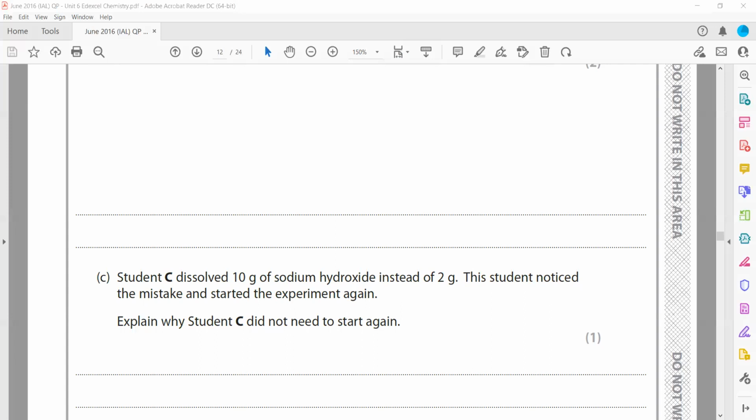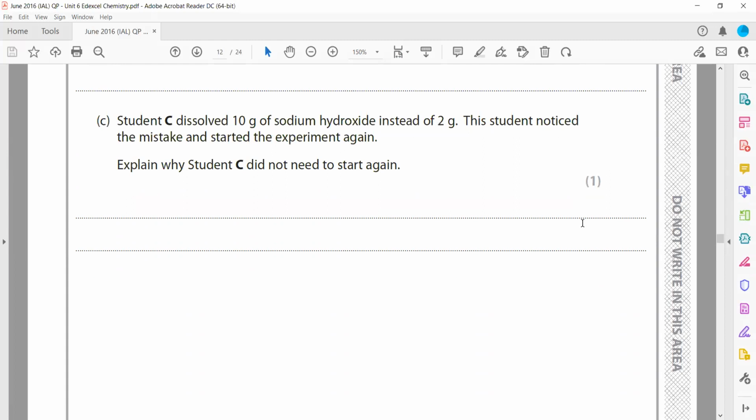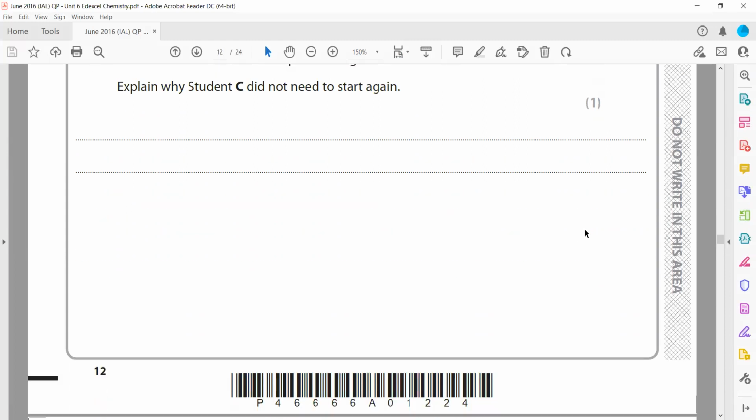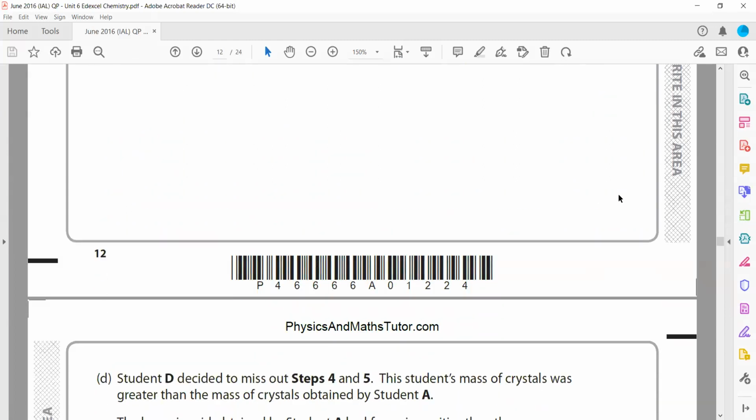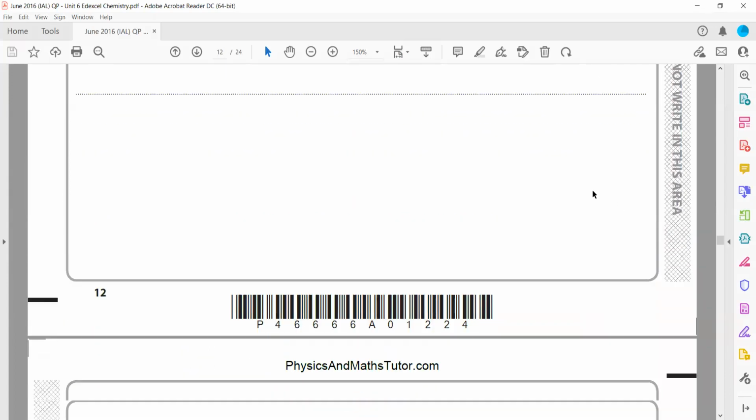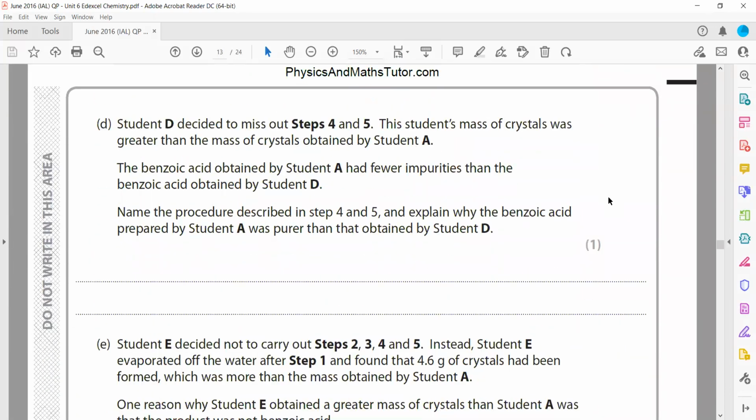But for student C, 10 gram is more than enough. It's too much sodium hydroxide, so even if he repeats with the same, it won't make a difference. That's why the answer here is that sodium hydroxide is in excess in the reaction mixture, so it does not make a difference if we repeat with the same solution.